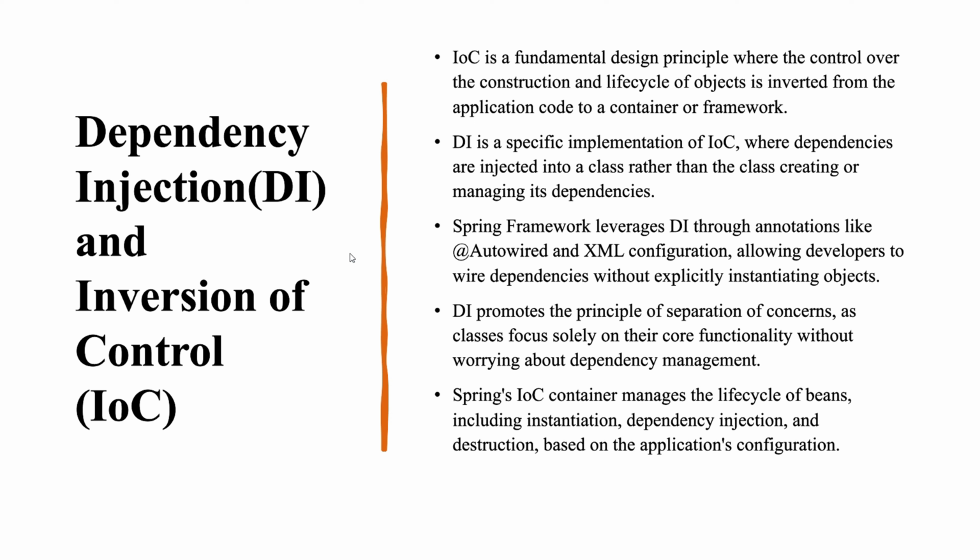These two things, bean scopes and profiles, are also essential for Spring Boot, which is used for building flexible, configurable, and modular Spring applications that can adapt to various deployment scenarios.